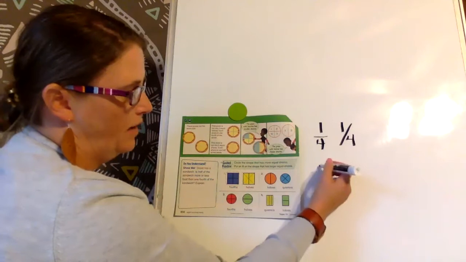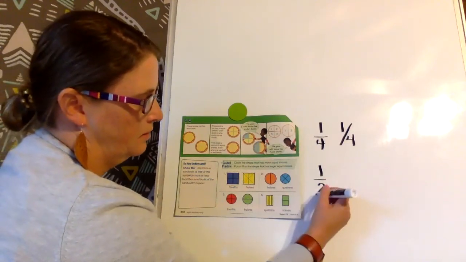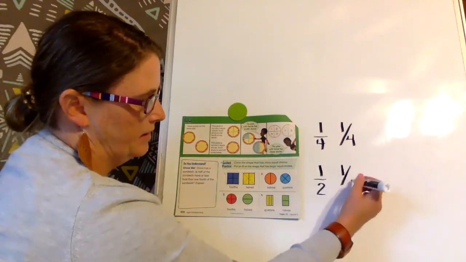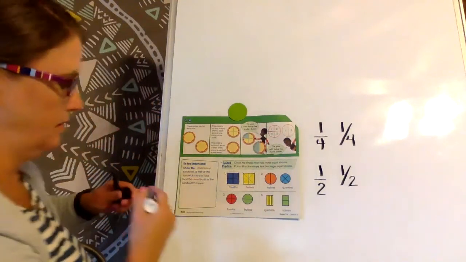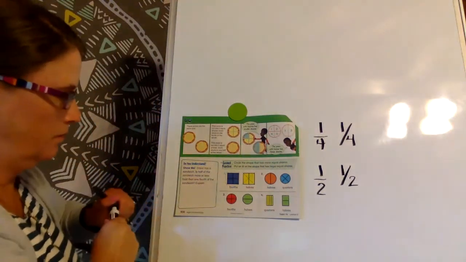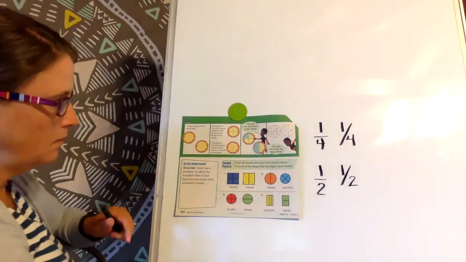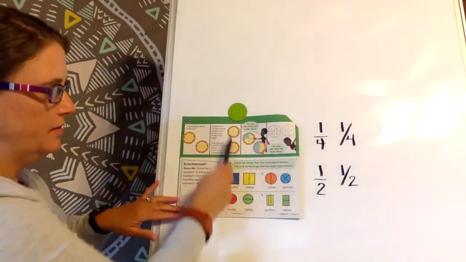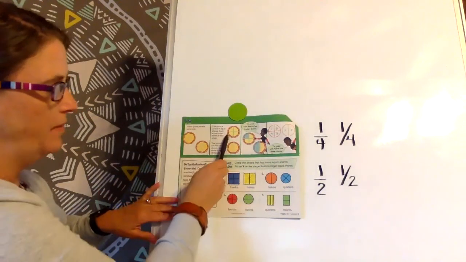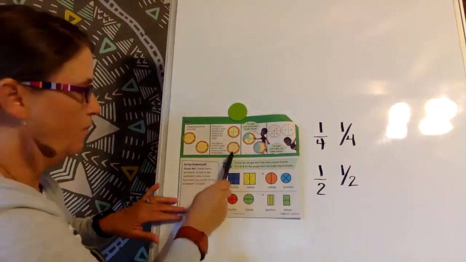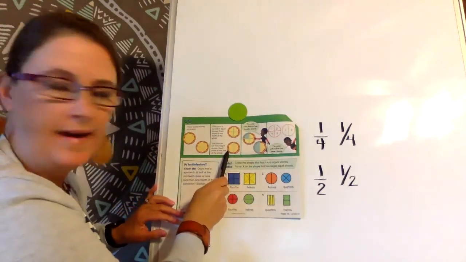And 1/2 looks like this, or you may see it sometimes written like that. So we've got fourths and halves. One piece of this pizza would be 1/4, and one piece of this pizza would be 1/2 of that whole.